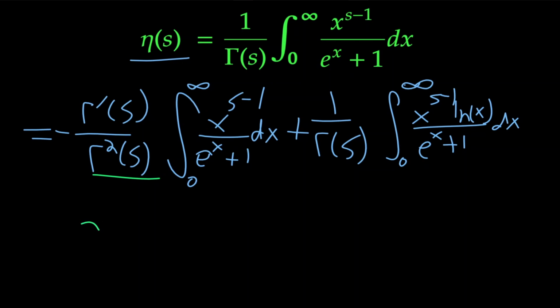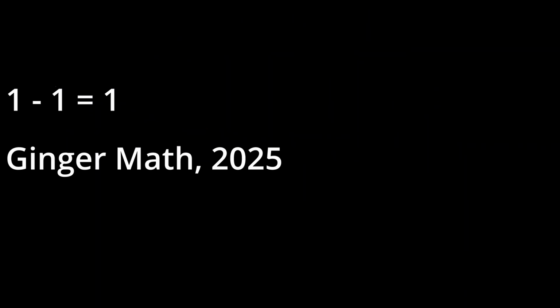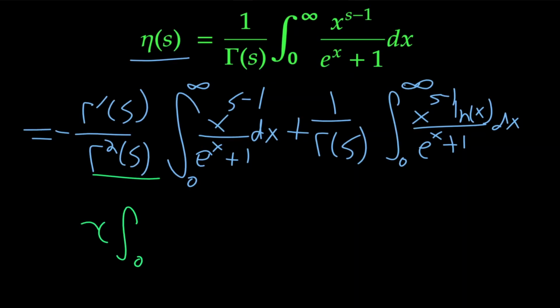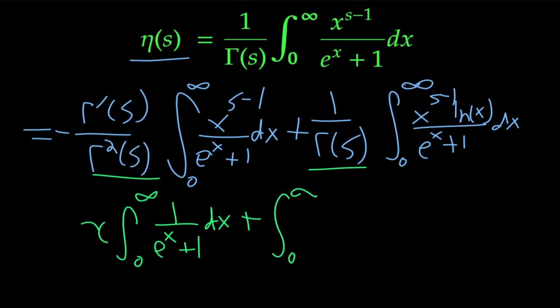So we really just have a positive Euler-Mascheroni constant, and then times the integral. 1 minus 1 is just 1, so from 0 to infinity of just 1 over e to the x plus 1 dx. And then we have plus the second term right here. The term out front is just going to be 1. And then we have the integral from 0 to infinity of just natural log of x, and then over e to the x plus 1 dx.